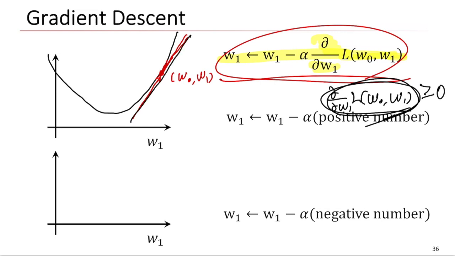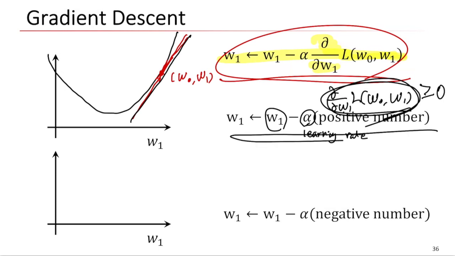So in this case, the parameter W1 minus some learning rate times the gradient means we decrease the parameter W1. It looks like this, right?